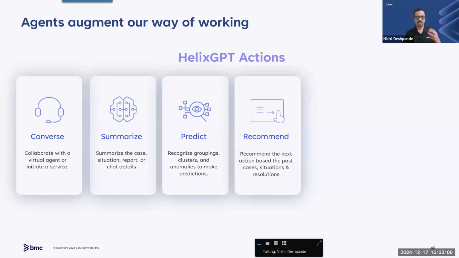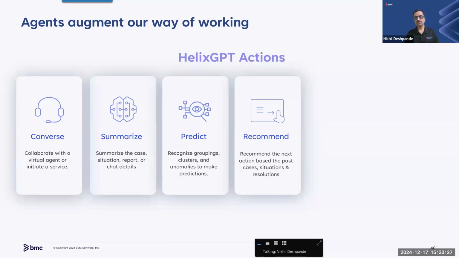Summarize: when you close an incident or a change, glean that information, summarize all the information from the ticket, the work log, the interactions with users, as resolution communication, as how that incident or change was resolved.